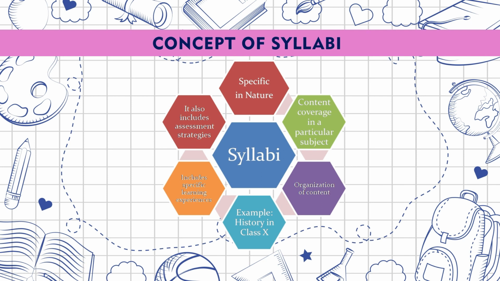Then further we can say that it includes specific learning experiences for the children. Specific contents are included in syllabi, and it also provides specific learning experiences, like what specific skills they are supposed to acquire in mathematics, what different computational skills they are supposed to acquire at a particular standard as per their mental development, need, and interest.